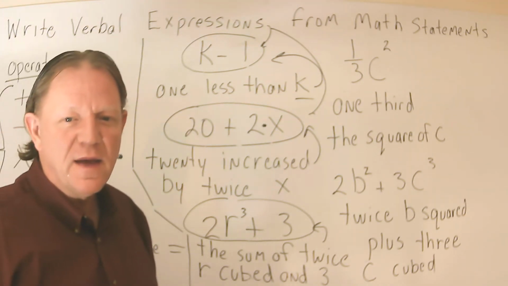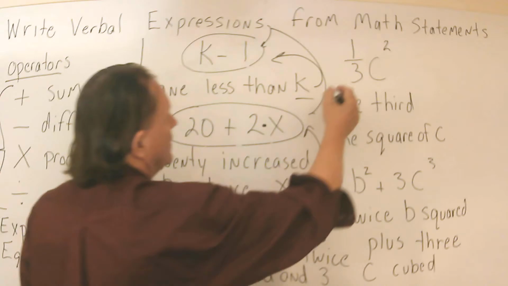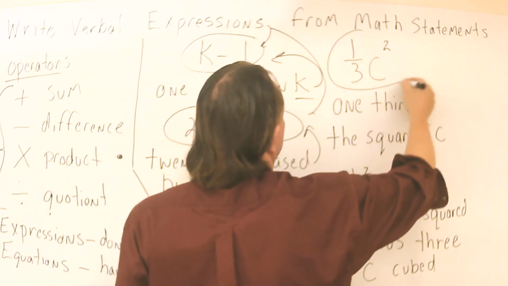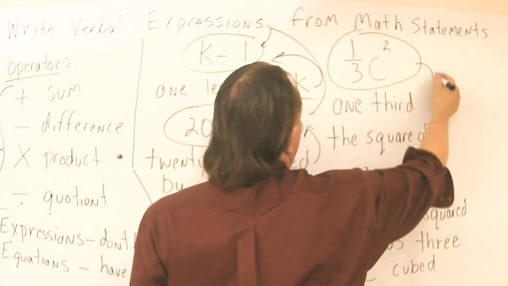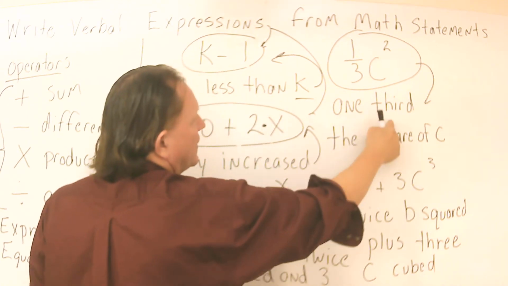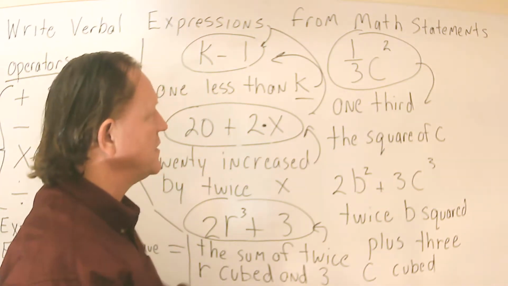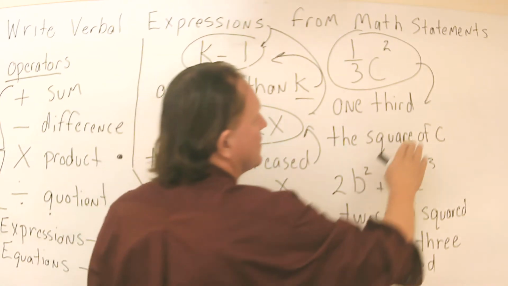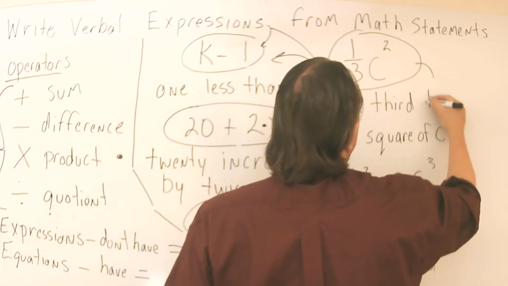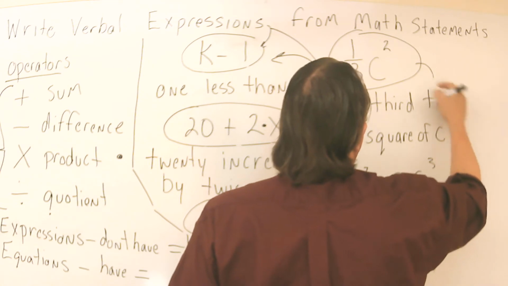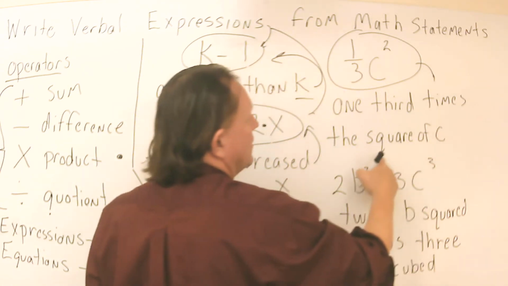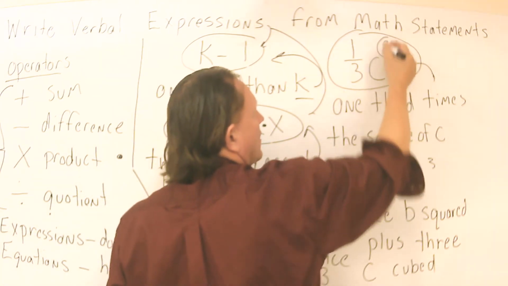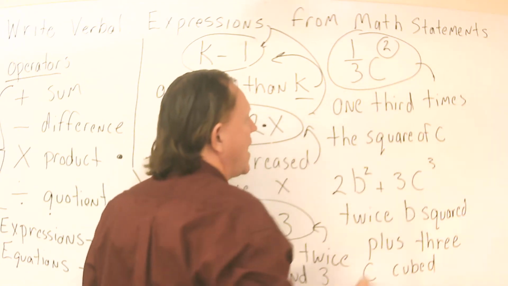So let's go ahead and look at this next one. Here is an expression, and we're going to go ahead and write it. 1/3 is the fraction, the square of c. And now what we need to put in there is 1/3 times the square of c, where the square is to the second power.